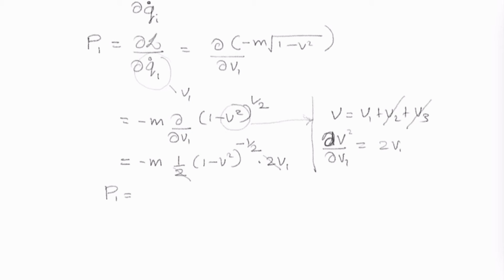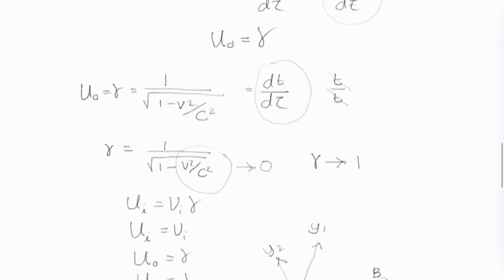So p_1 is plus m v_1 over square root of 1 minus v squared. We know what v_1 over square root of 1 minus v squared is.